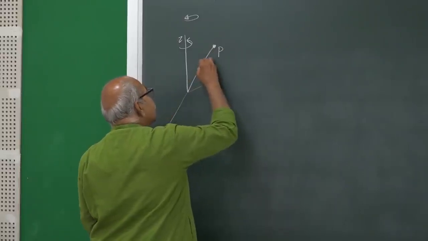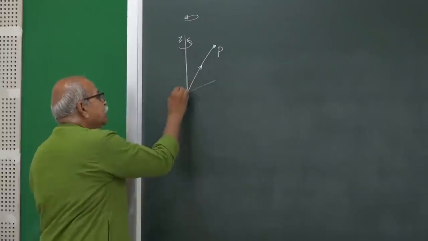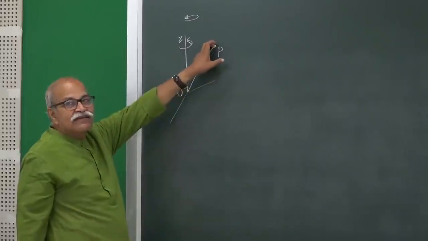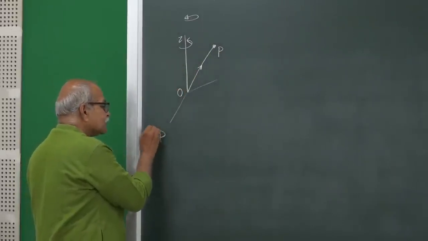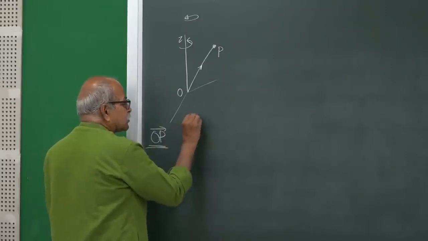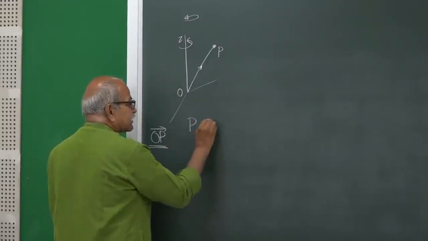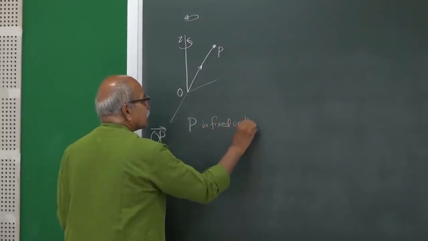It can be a particle, and this OP can be the position vector of the particle or any vector. I am talking of the vector OP. Point P is fixed in the rotating frame.